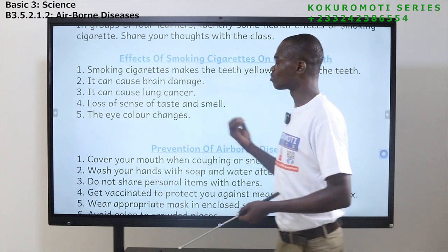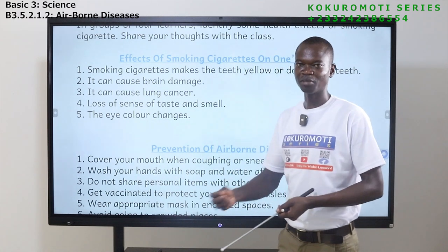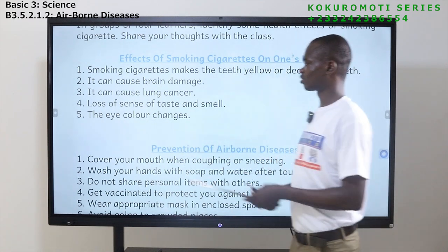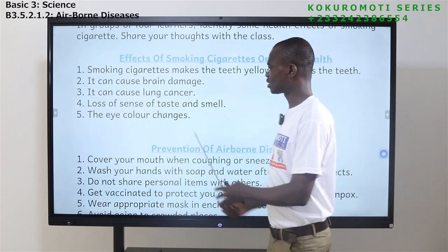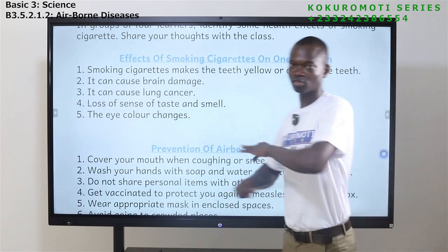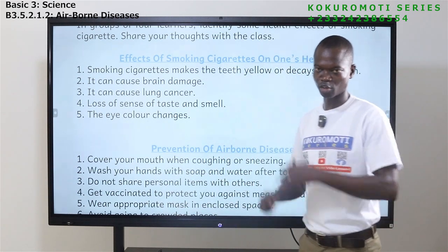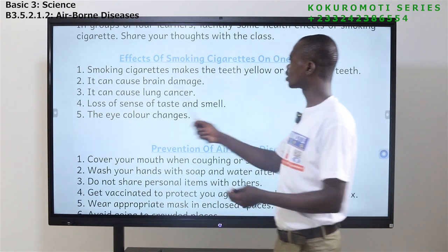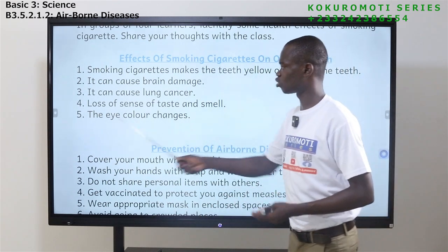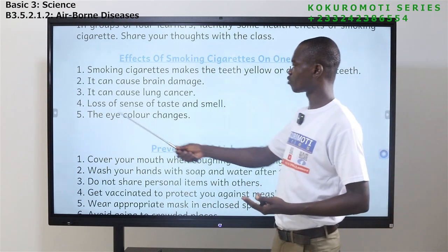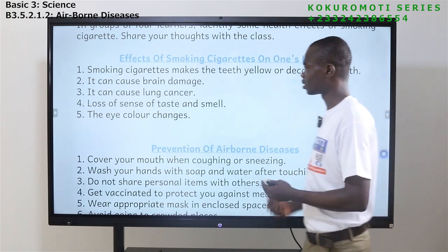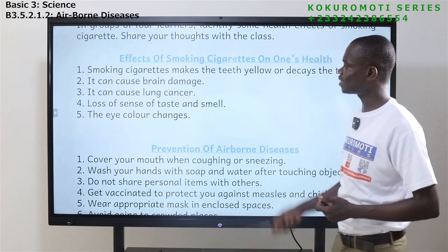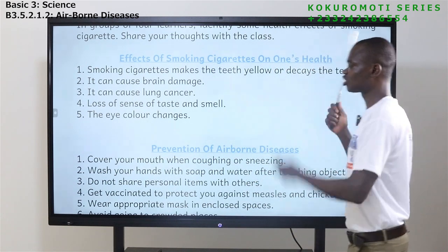If something smells good, they will not be able to tell, because their senses of taste and smell will be destroyed or affected. Smoking cigarettes can cause loss of our sense of taste and smell.